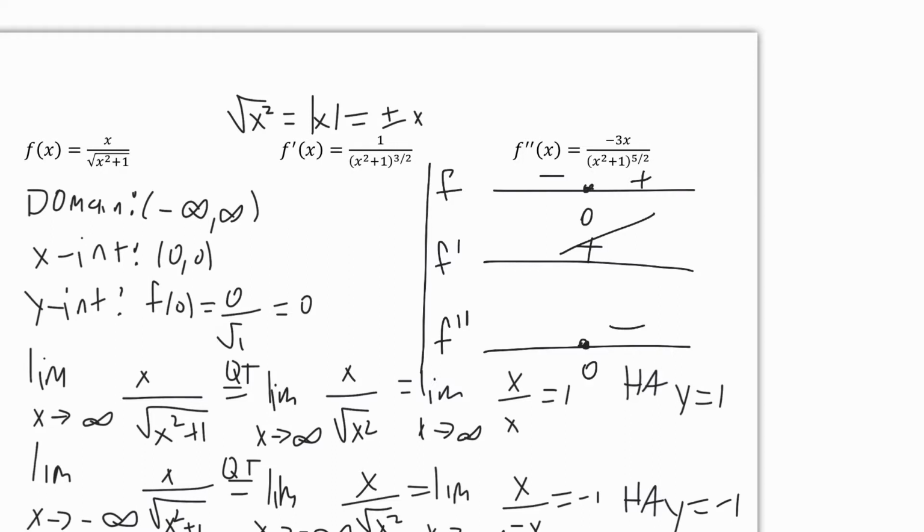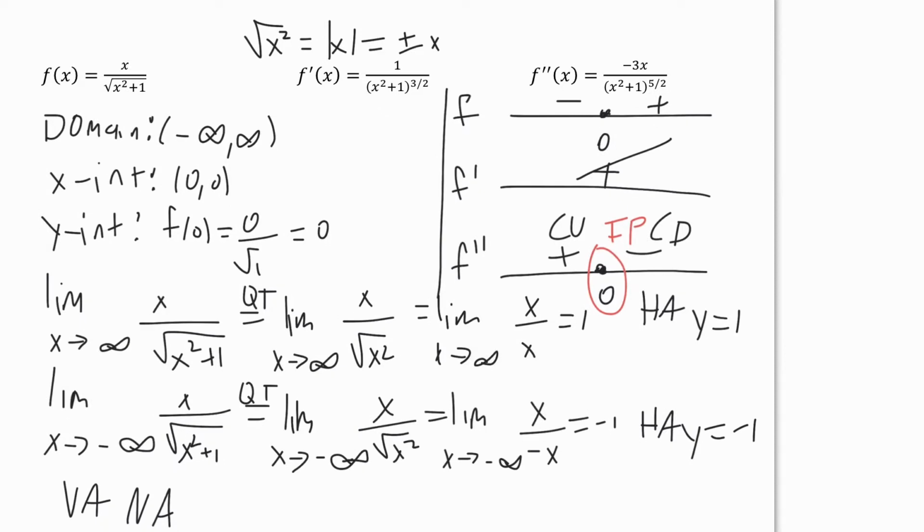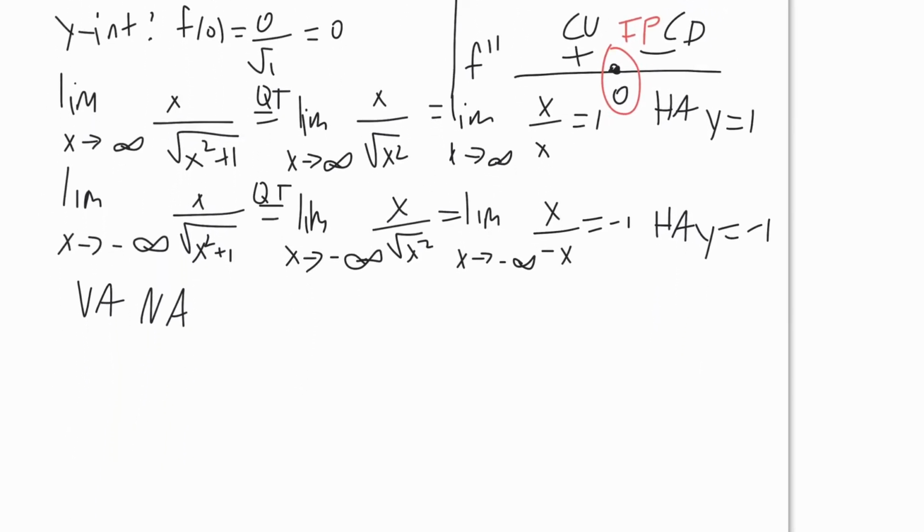Now f double prime does have a root over at 0. So we get negative, positive, concave up, concave down, and we are going to get ourselves an inflection point. But we already calculated f of 0, so we're good. We don't have to calculate anything there. We'll list, though, the intervals, because these are interesting intervals here. And, of course, they always ask you to list them on a test or on an exam, so we should get in the habit of it.